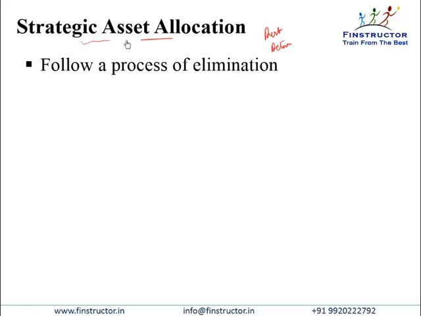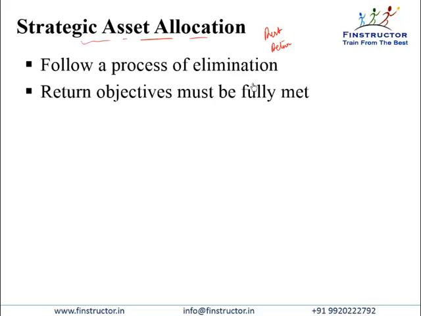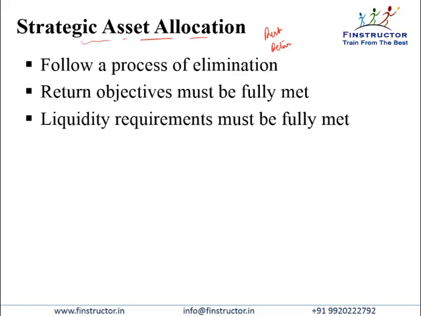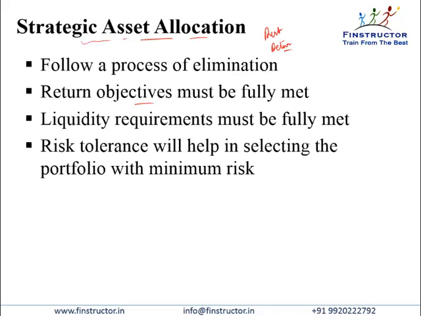So we will study the concept of asset allocation in a lot more detail in the future. However, from the perspective of the IPS, you need to follow a process of elimination. That is, amongst the given portfolios, select the portfolios where, first of all, the return objective is met. So any portfolio that has an expected return lesser than the required return needs to be rejected upfront. And then you will check for the other constraints.